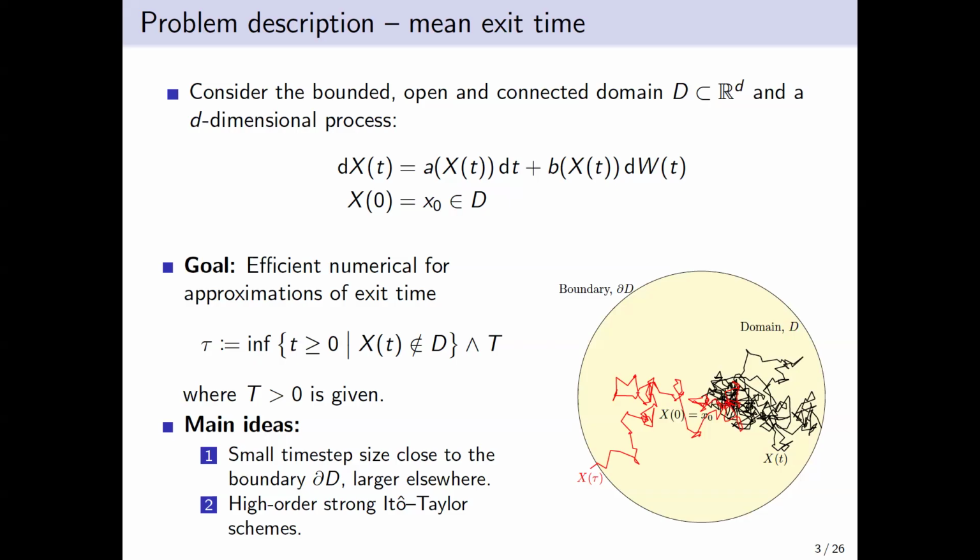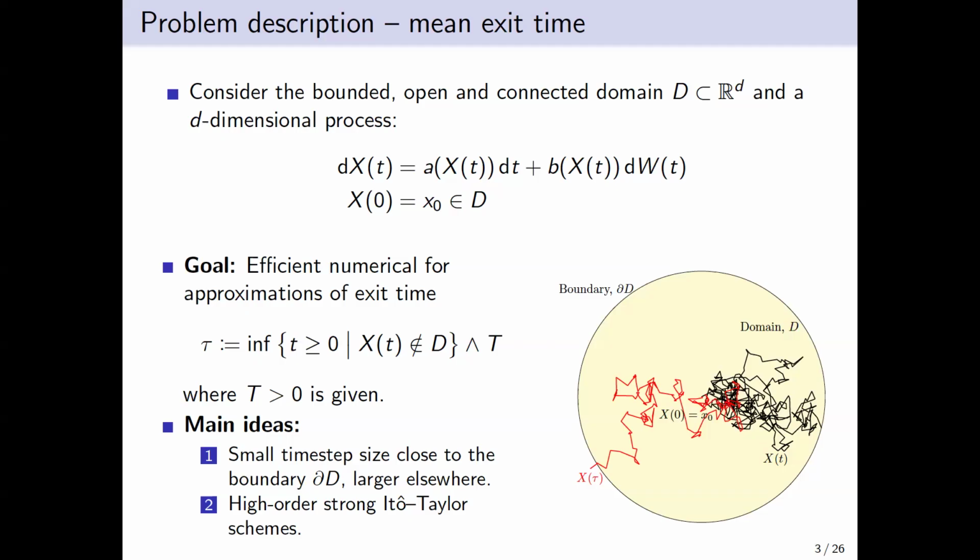The problem with numerical methods is that there is an instability related to how the diffusion process behaves near the boundary, whether it exits or nearly exits. Then there can be quite a large difference between the exact process, or the true solution, and the numerical solution. So in order to improve convergence rates, compared to a numerical method that uses uniform time steps, you need to introduce some adaptivity.